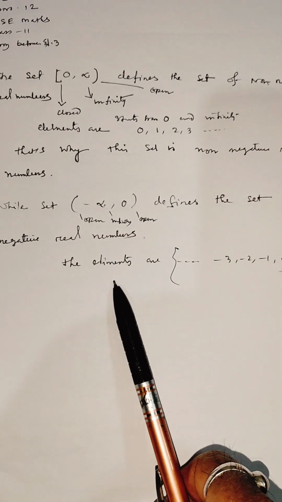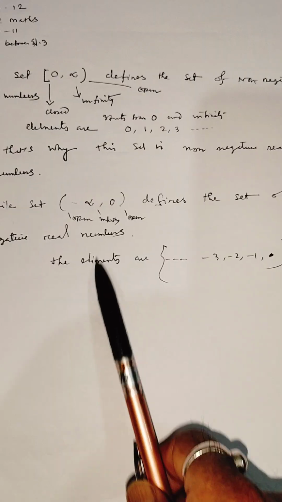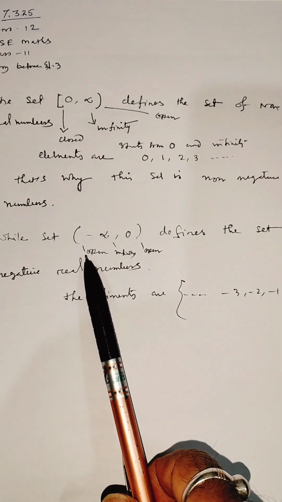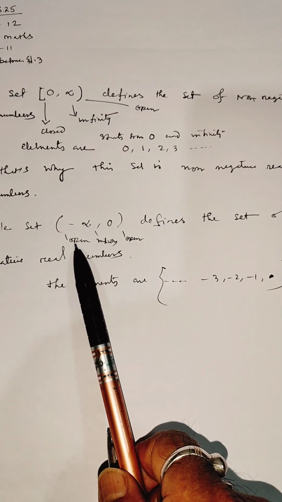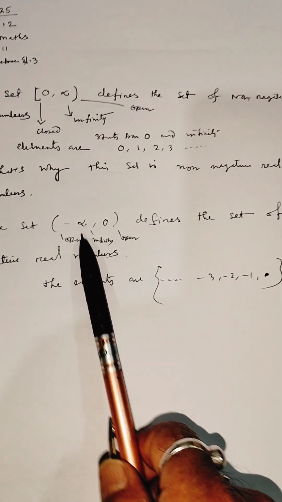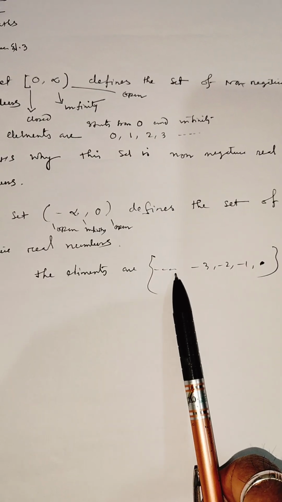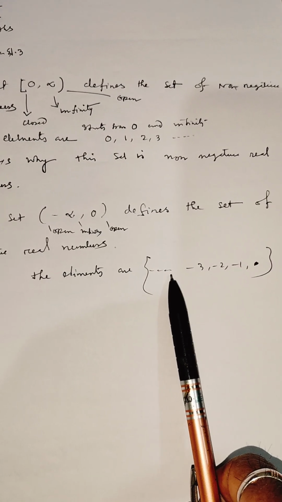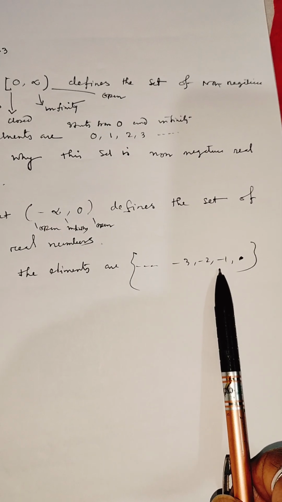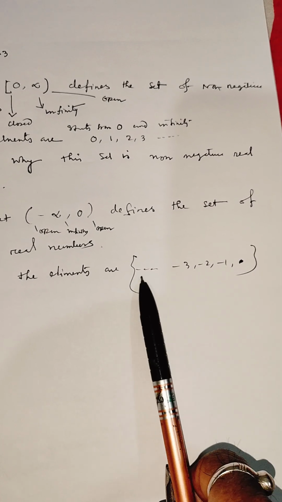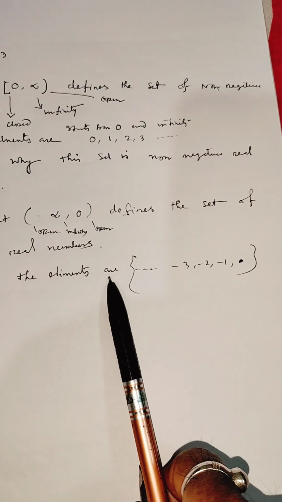What are the elements? As it is open and there is no starting at infinity, the elements are minus infinity, and minus 3, minus 2, minus 1, and so on to the left side, toward infinity.